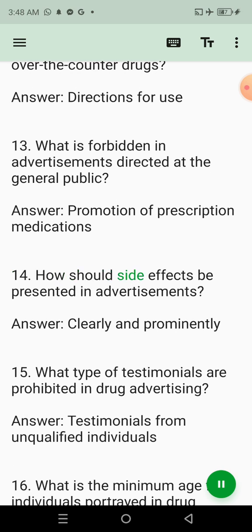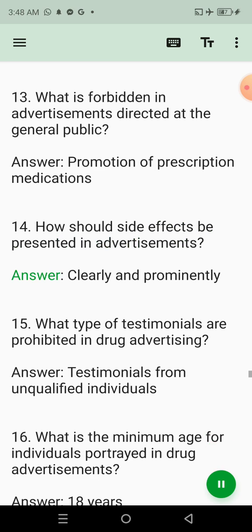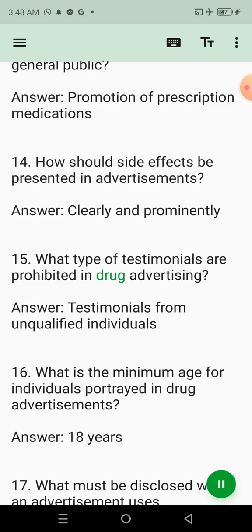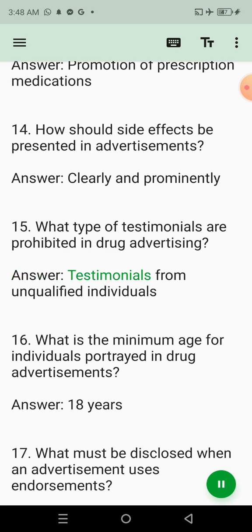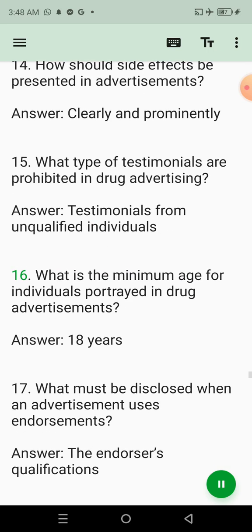14. How should side effects be presented in advertisements? Answer. Clearly and prominently. 15. What type of testimonials are prohibited in drug advertising? Answer. Testimonials from unqualified individuals. 16.